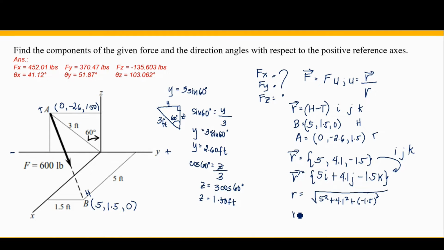So, this is equal to 6.64. Don't forget to put ating unit din dito. Okay, our magnitude of the position vector R is equal to 6.64.